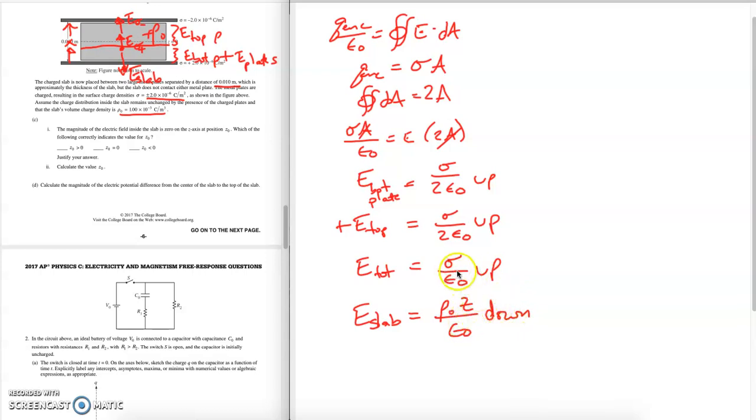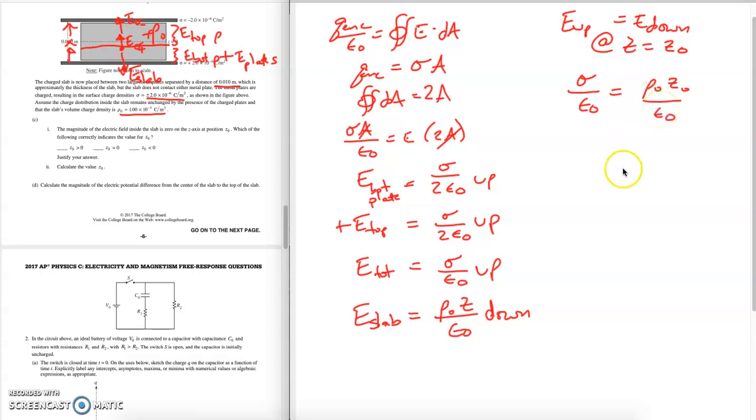What we want is for these two guys to be equal and opposite. So what we want is E up equals E down at z equals z naught. So we're going to have sigma over epsilon naught equals rho z naught over epsilon naught. And what we're going to do here is just solve for the numerical value of z naught. The two epsilon naughts cancel out, and we have 2 microcoulombs per meter squared equals, and what was rho?